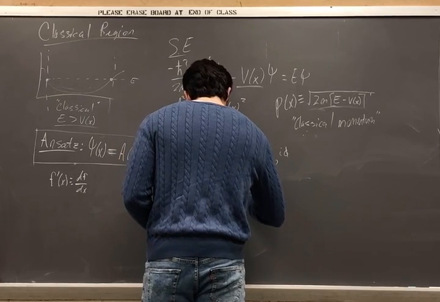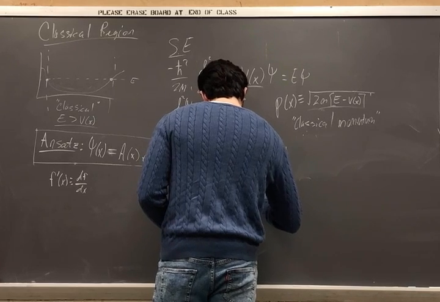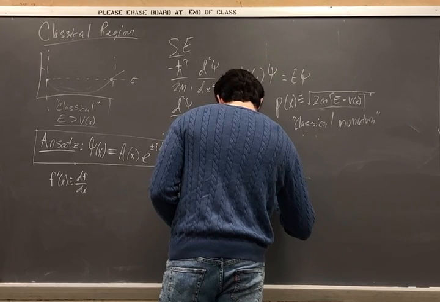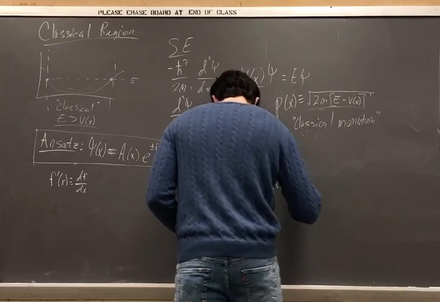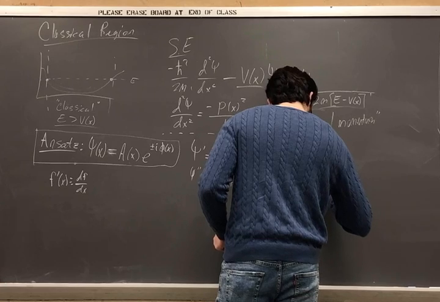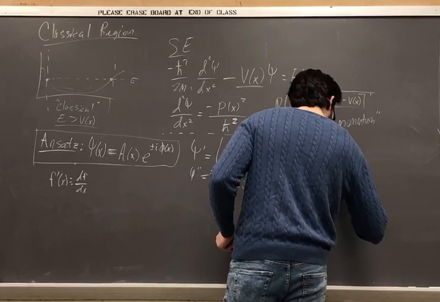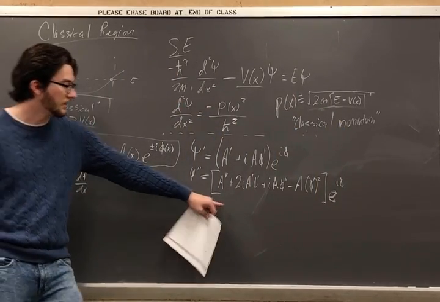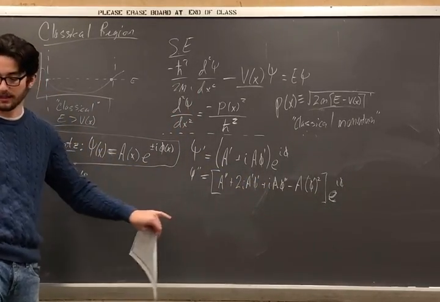So it's not that hard to find out that it's a double prime plus 2i a prime phi prime plus i a phi double prime minus a phi prime squared, all times this e to the i phi. Okay, so this is our double derivative, and I know it looks kind of complex, but we're going to use it and try to simplify things a little bit later.